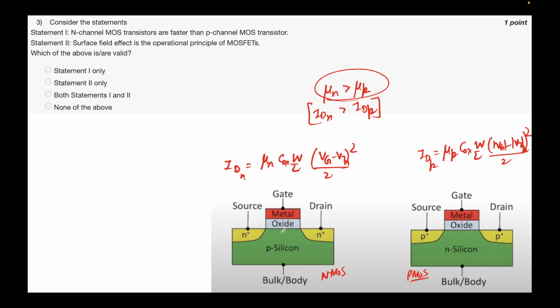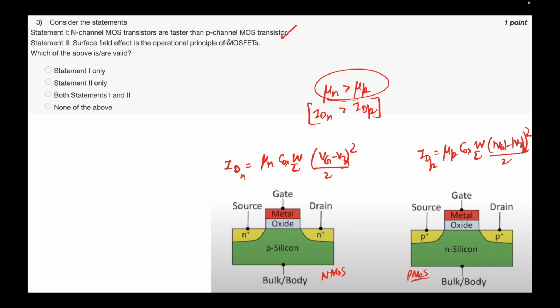Switching will happen when you change the drain bias. If you reduce the drain bias, you will switch it off. Since the electrons can travel faster, even from the inversion layer back to the substrate when you change the gate voltage for the switch operations, that is better. So in that case, NMOS are faster, so that is correct.